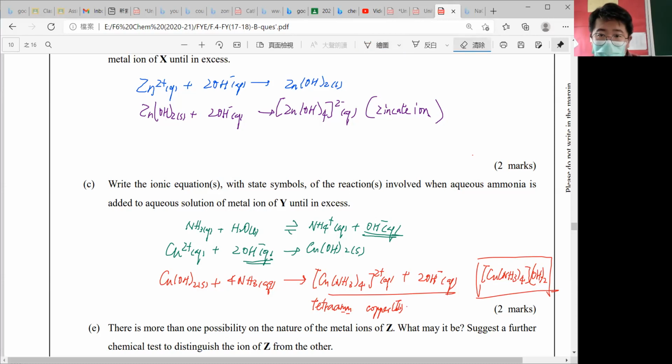I will write more clearly so that you can see that. Tetraammine. Okay, so you split that into several parts and you can get what I mean. Tetra means 4, ammine means what? Ammonia containing. Okay, copper(II) ion here and hydroxide. Is that clear?